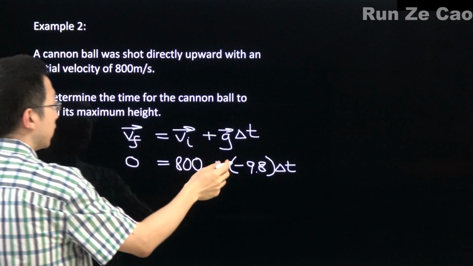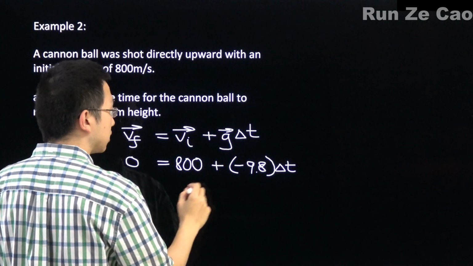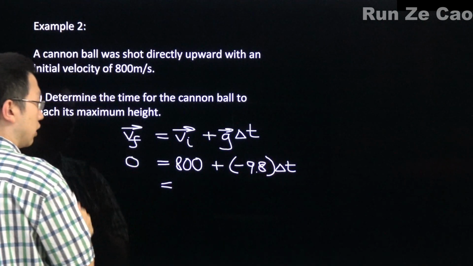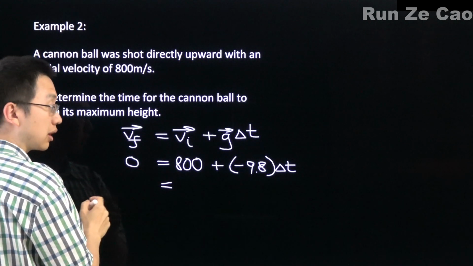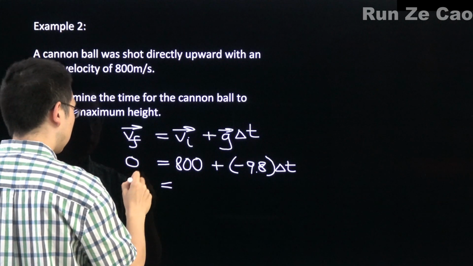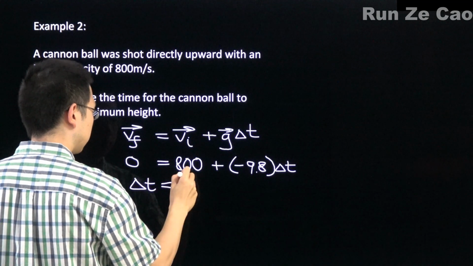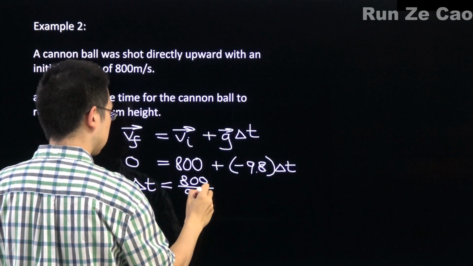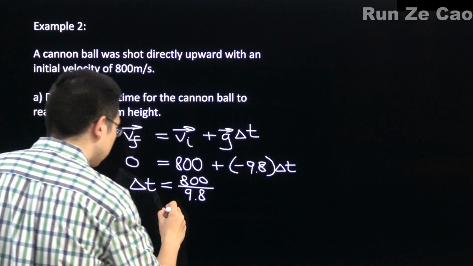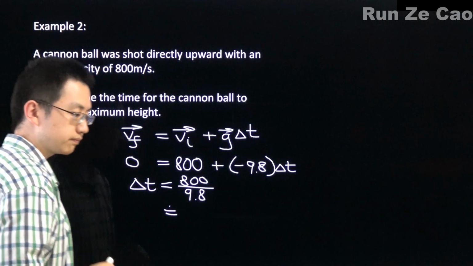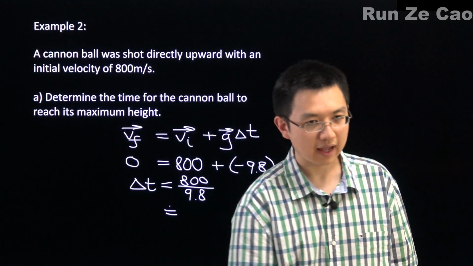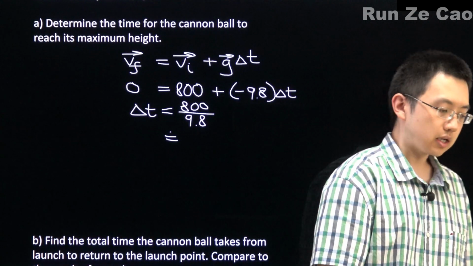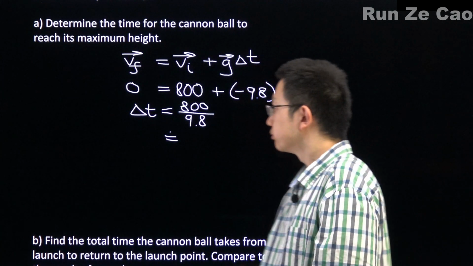We keep everything where it is for the substitution step, and then we start moving things, such as move this whole thing over here, so that becomes positive 9.8 delta t, and then just divide the 9.8, and this gives us 800 over 9.8, which is approximately, because telling somebody that it takes 800 over 9.8 seconds is not a very useful number.